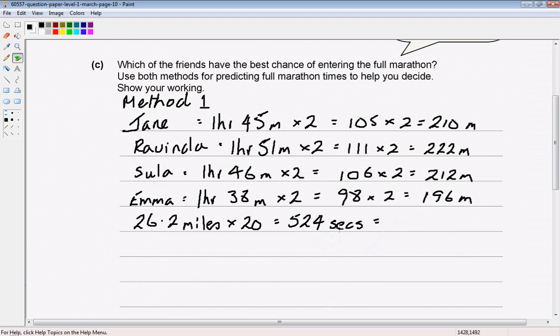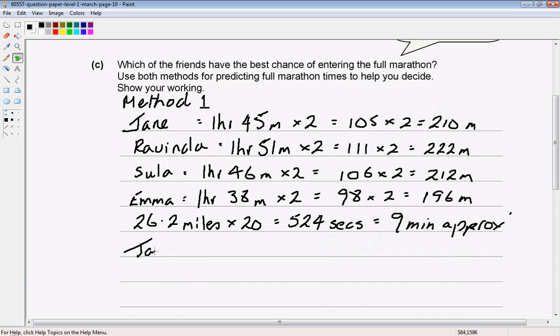Because we're only dealing in seconds here, I would say that this is almost 9 minutes. So I would just write 9 minutes approximately.